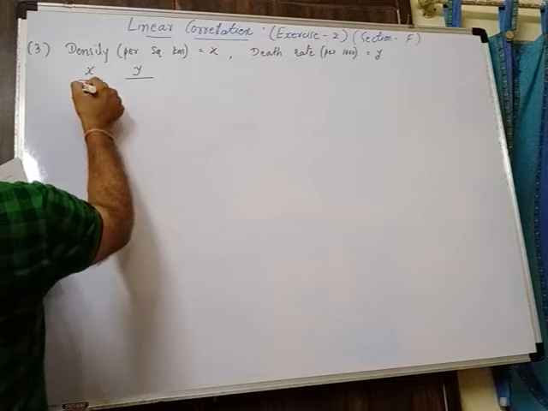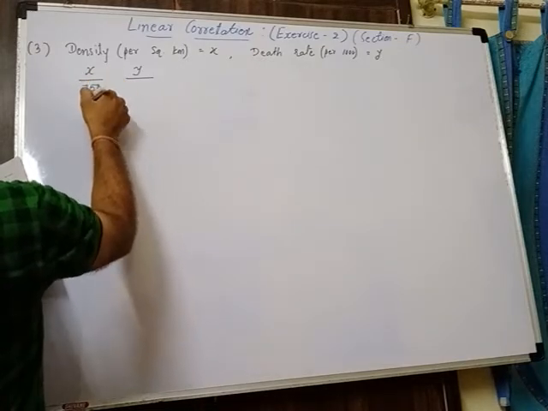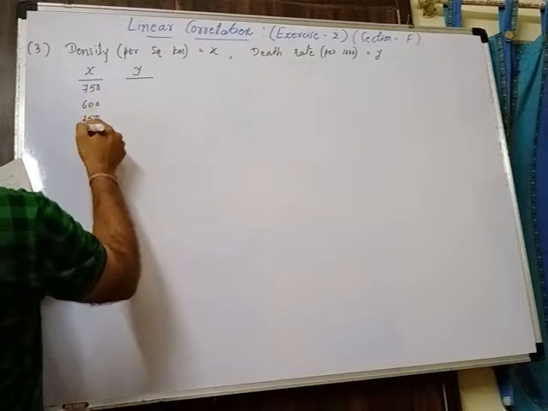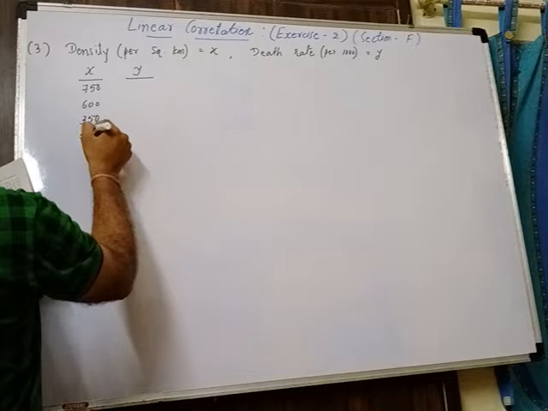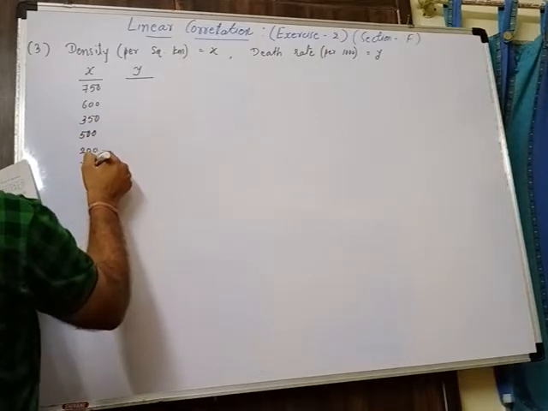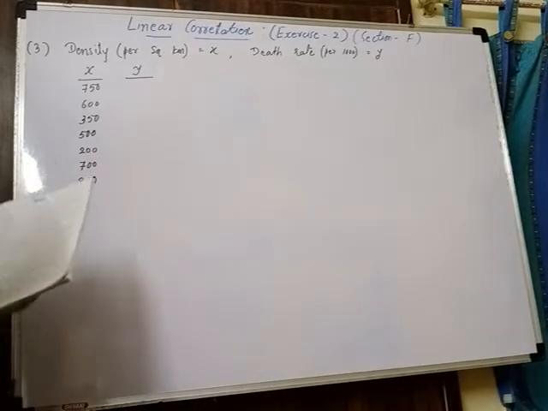The variable x is given as 750, 600, 350, 500, 200, 700 and 850. These are the values available in variable x.